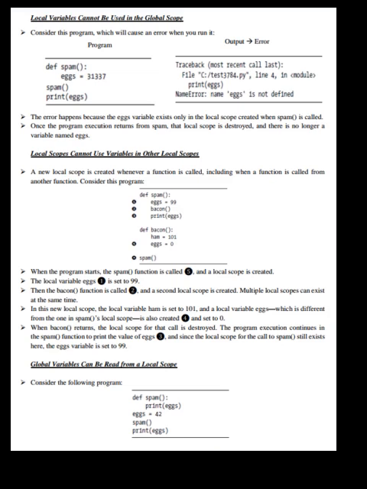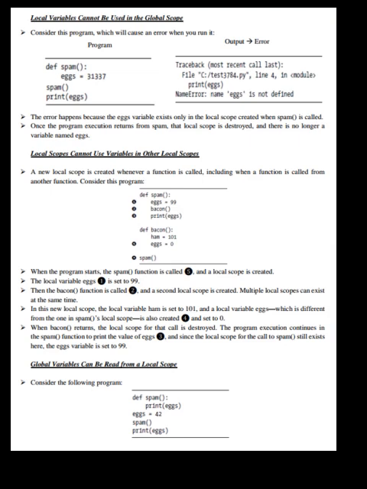Multiple local scopes can exist at the same time. In this new local scope, the local variable ham is set to 101 and a local variable x, which is different from the one in spam's local scope, is also created and set to 0.